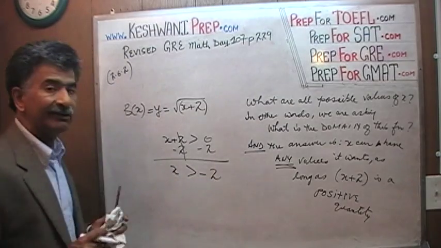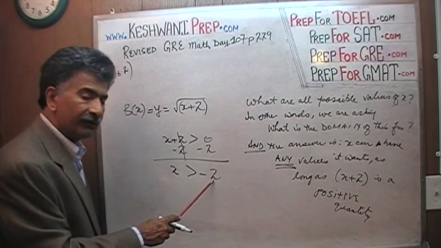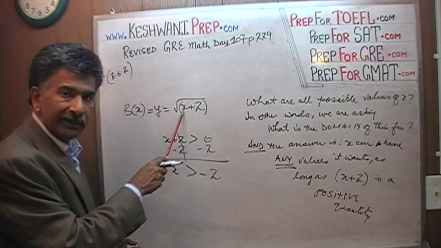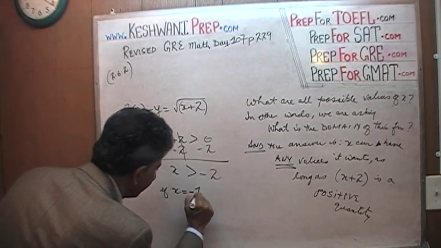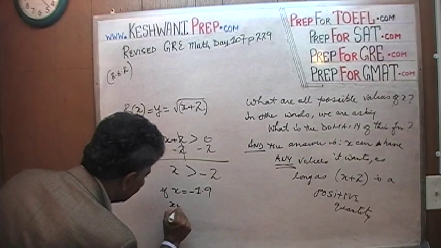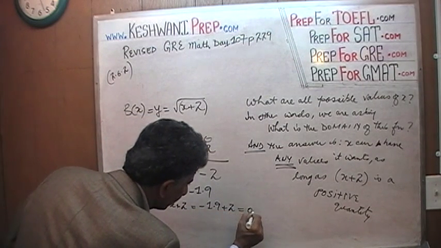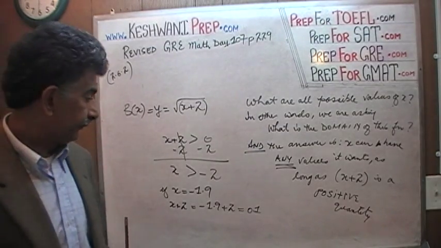As long as x is greater than negative 2, not 2, I'm sorry. As long as x is greater than negative 2. For example, if x is equal to negative 1.9, then x plus 2 would be negative 1.9 plus 2, which is 0.1. And since it's a positive quantity, we can figure out the square root of it.